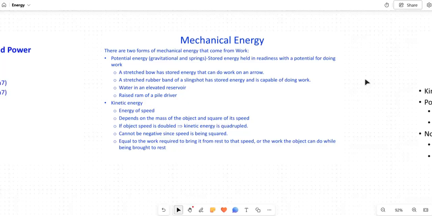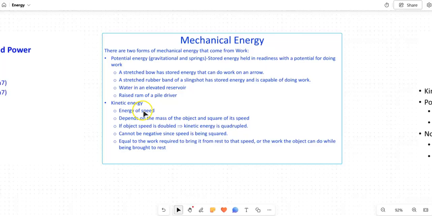The other type of energy, which is kind of the whole point of this mechanical energy, is kinetic energy, and that's the energy of speed. So potential energy due to gravity is the energy of height. The potential energy due to a spring is a stretched or compressed spring. Kinetic energy is basically the energy of speed or motion.